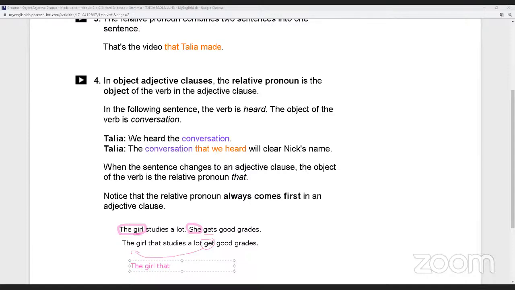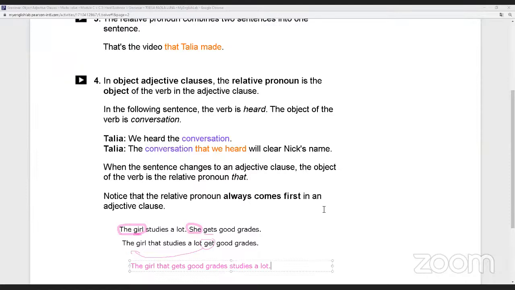Gets good grades. I'm gonna copy the sentence as it is, right? Good grades. Okay, now I'm gonna copy the second part, studies, and the same tense, studies a lot, right? And that's all.